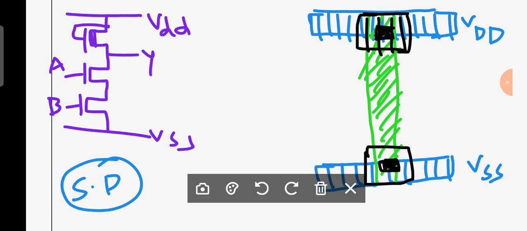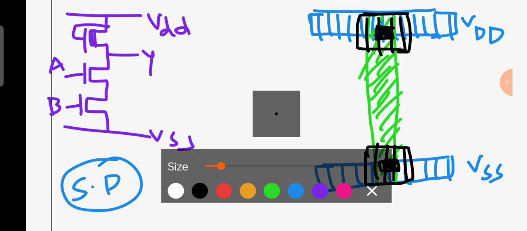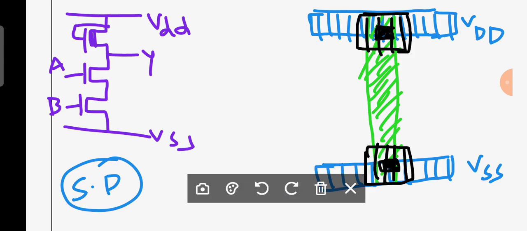And you should have metal here. Now what I said to you, the pull up won't be changed, therefore don't change the pull up. Draw it as it is, how we have seen in the previous example.